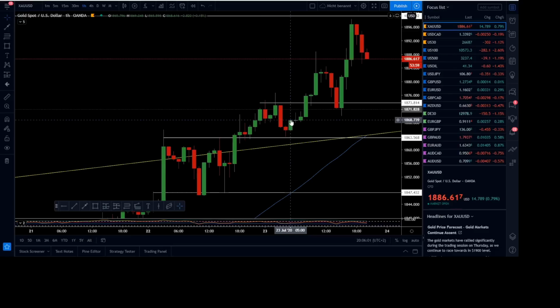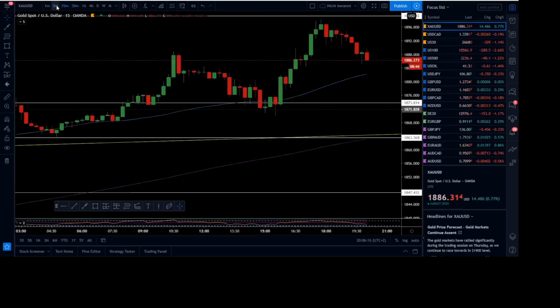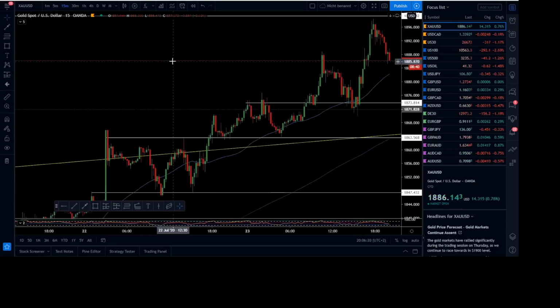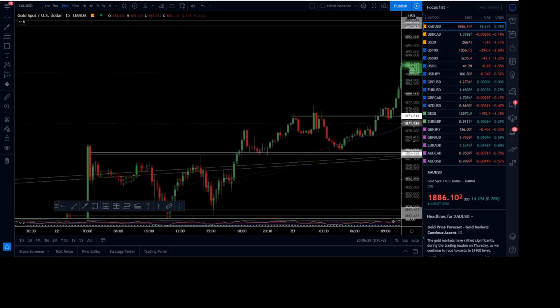You could enter after this candle here on the 1 hour chart, put your stop below the structure, and then let it run. Another thing is you can go to the lower time frames as well, like the 15-minute chart, for example. So we got our break here, retest, you see the rejection here, so this could be an entry as well.